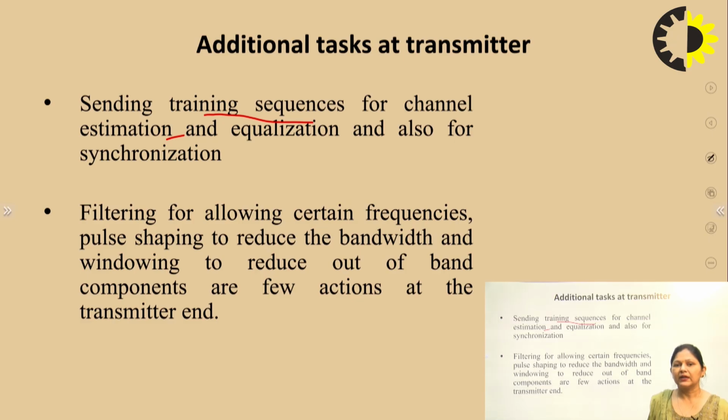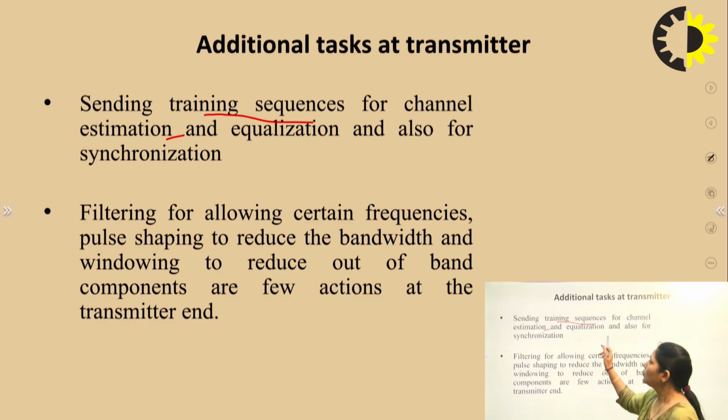So that particular channel can change anytime. The channel will behave dynamically. Some objects can be added in between, and some objects may be moving, and that's why the channel is not the same. There may be rain or any other physical calamity. So in the wireless channel, we have to estimate the channel. We have to see how the channel is behaving. That's why we send some training sequences along with our message signal.